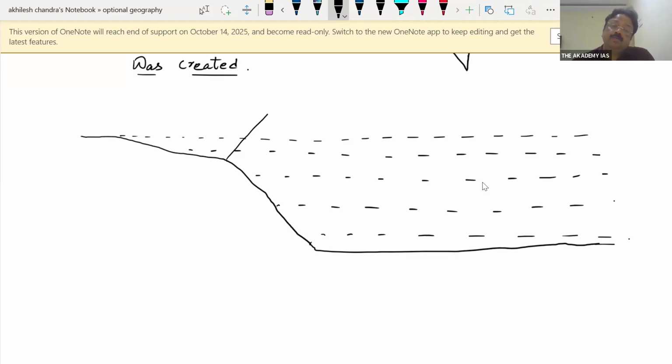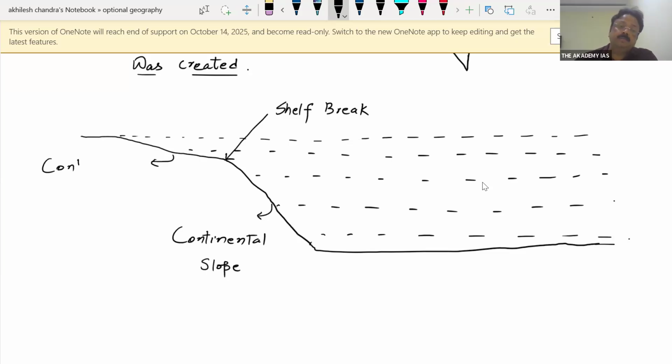Up to here, this is the point that is called the shelf break. And then beyond it is the continental slope, and this part is called the continental shelf.